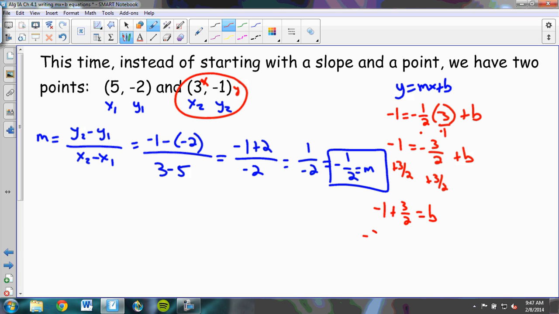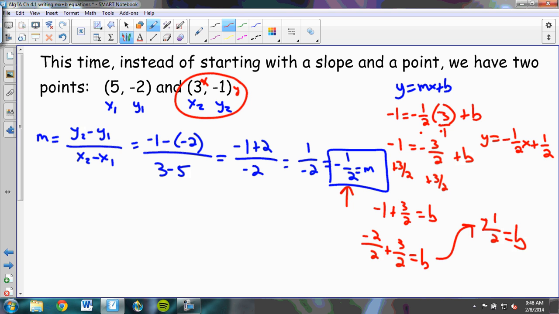I'm going to get a common denominator. -2 plus 3 is 1, so 1/2 equals b. So I have the kind of funny looking equation, y equals, my m value was -1/2, and my b value is +1/2.